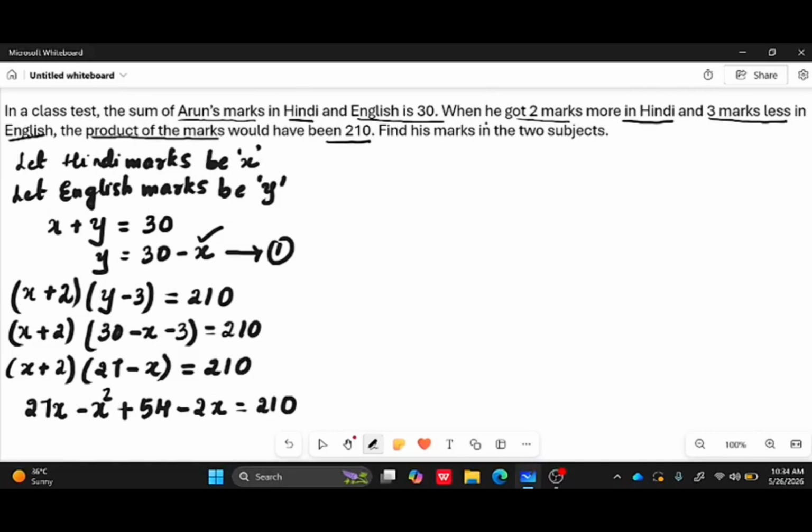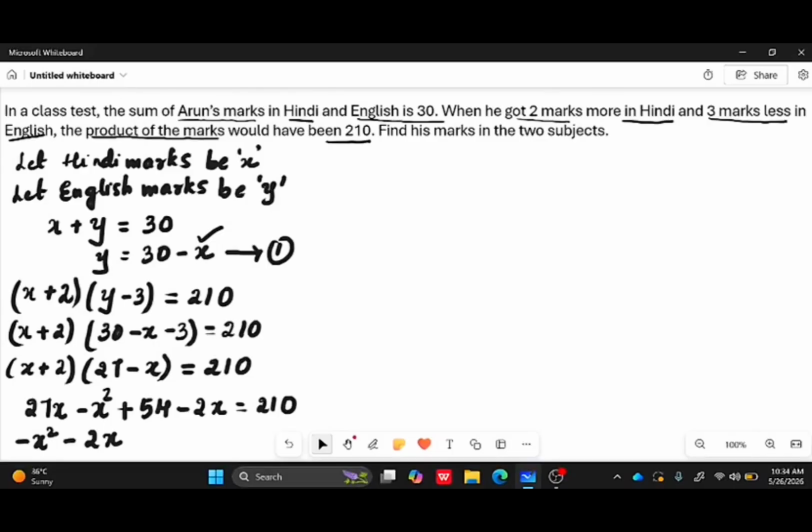So we will arrange in the proper order. Minus x square, minus 2x, plus 54, and plus 27x. Anyone can add and tell me? Can we add 27x and 2x and 54?